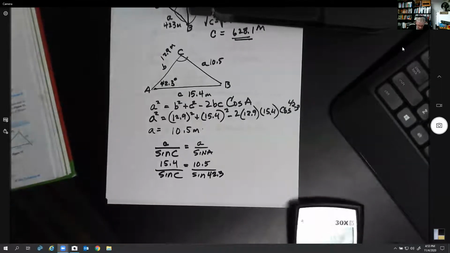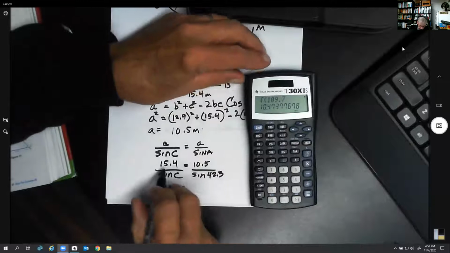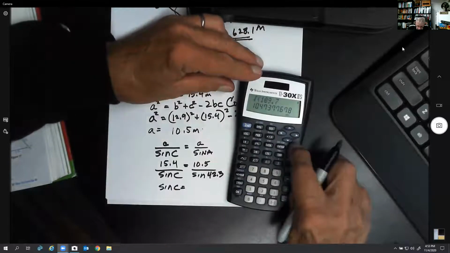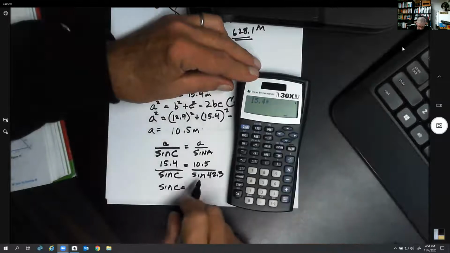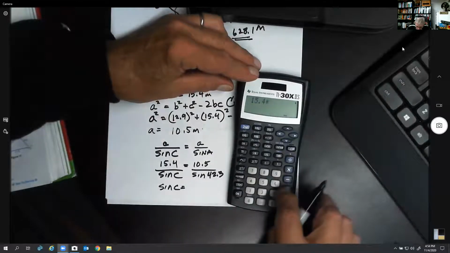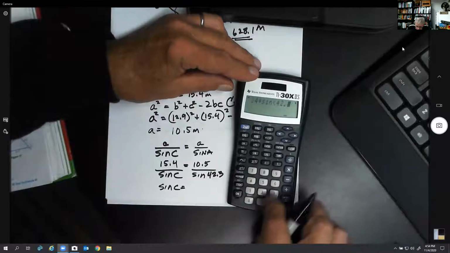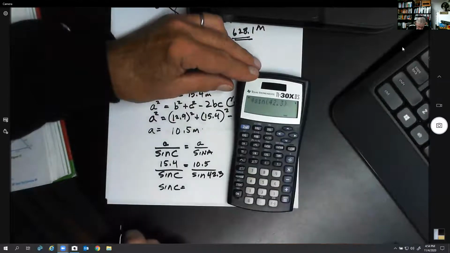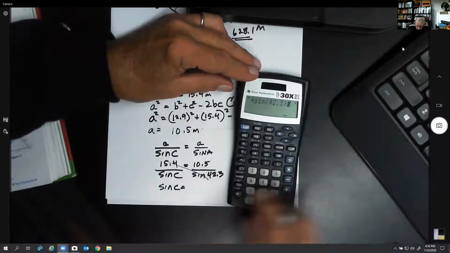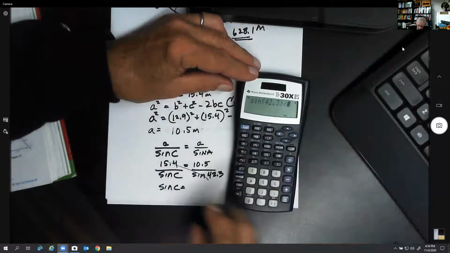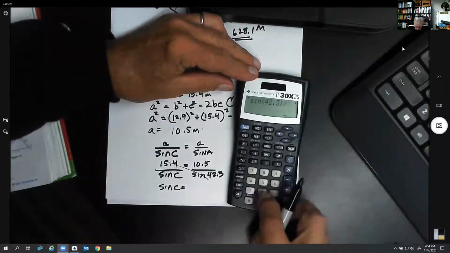So now we can calculate, and sine C is going to equal 15.4 times sine 42.3 divided by 10.5. So multiply diagonally and divide by the number that's left.